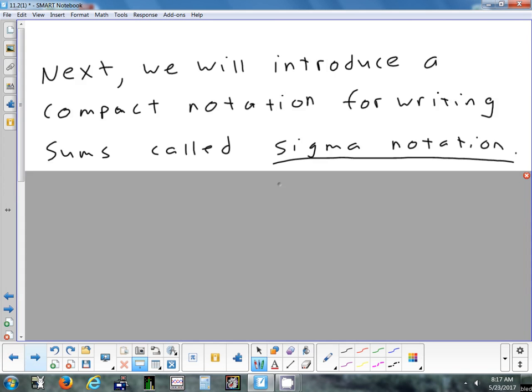The notation I'm about to show you is called sigma notation. It's a short way to write things down, but it doesn't actually speed up any kind of calculations. All that it is is a short way to write stuff down. If you actually want to do out the calculation, you still have to do the whole thing until I show you a shortcut in a little bit.